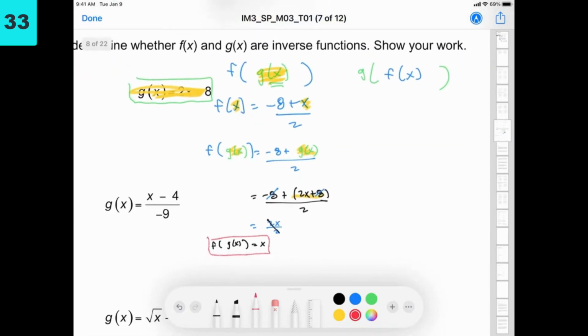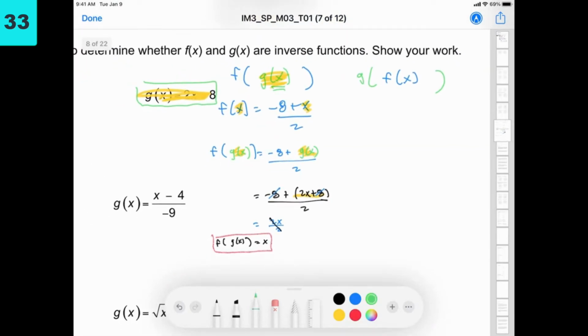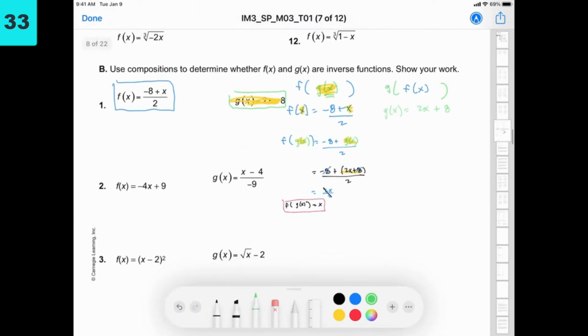Okay, let's go ahead and do the same thing now for g. G of x equals 2x plus 8. And now, every time we see x, we're going to put in f of x.